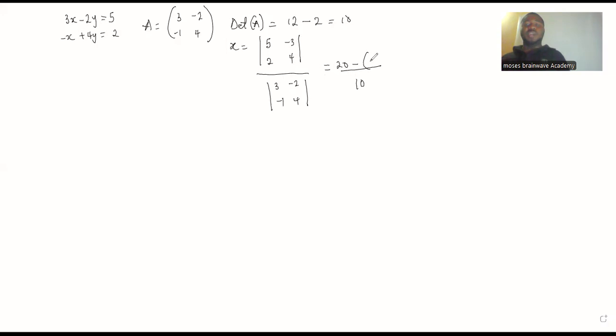There's negative, so we have negative 6. So this is 20. This and this should give us, right? Is it 26? Is it 26? Let's look at it. This multiplied by this is 20. This multiplied by this is 6.